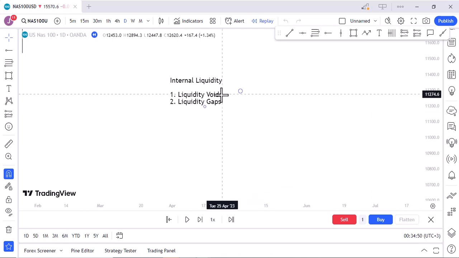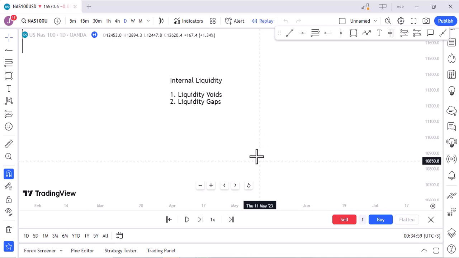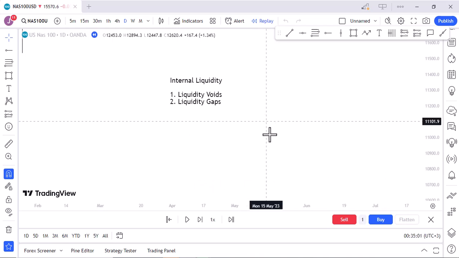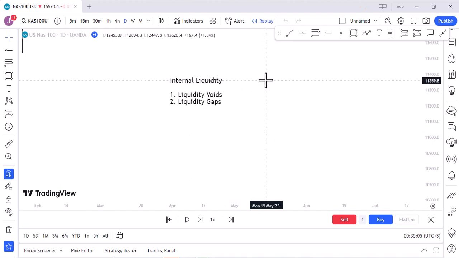Basically, a void is a sharp movement in price, where you'll find candles, or even a single candle, shooting up and then breaking previous highs or lows without any other candles following thereafter.